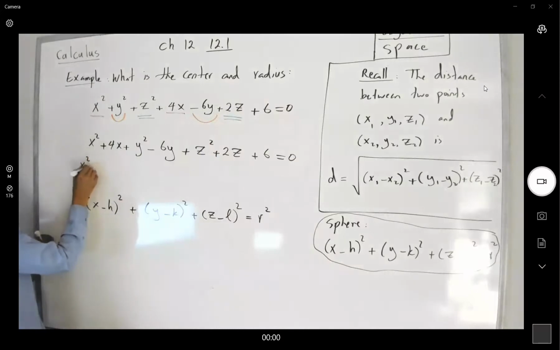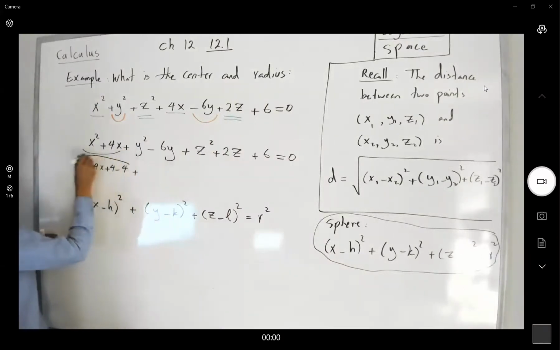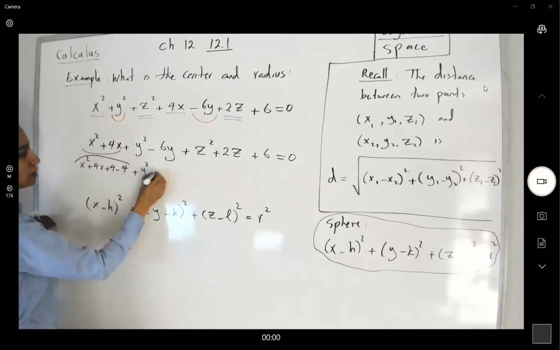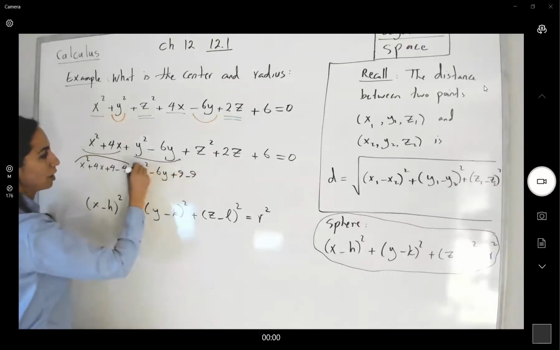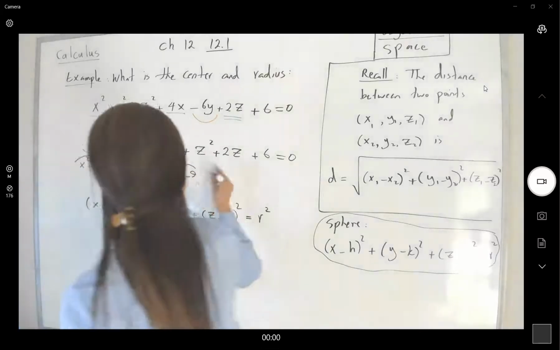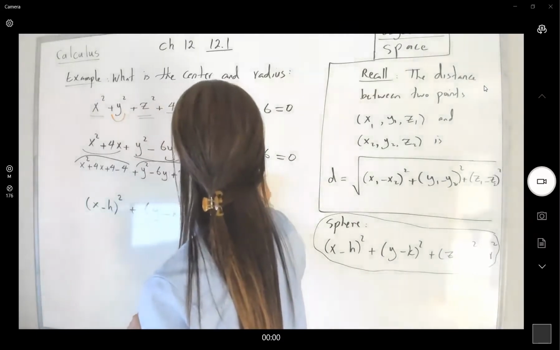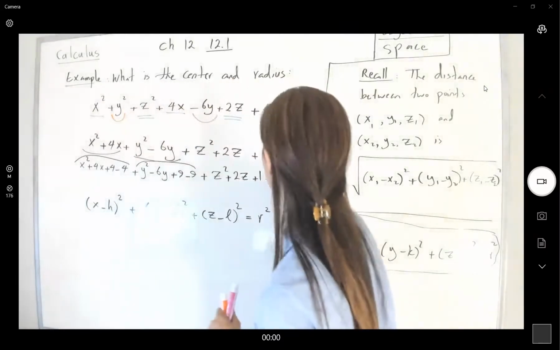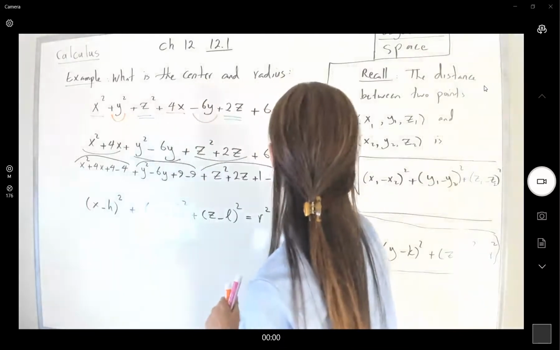This is x squared plus 4x plus 4 minus 4, plus y squared minus 6y plus 9 minus 9, plus z squared plus 2z plus 1 minus 1, and then I'm going to copy down 6 as well.